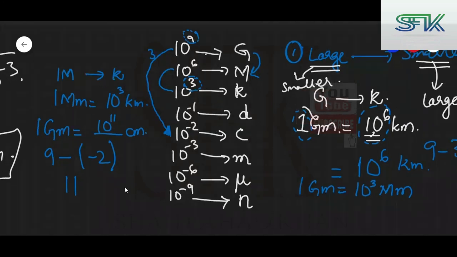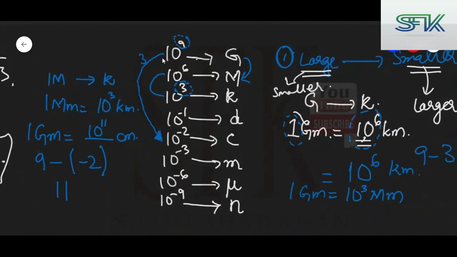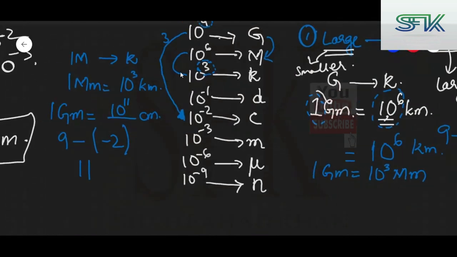Now, if you want to go from gigameters to nanometers, which is actually the largest difference that we can have from this table, so if you are going from 1 gigameter to nanometers, which is again from large to small, find the difference again.